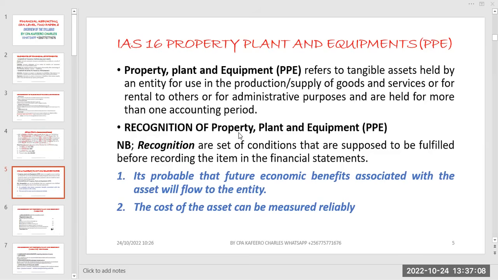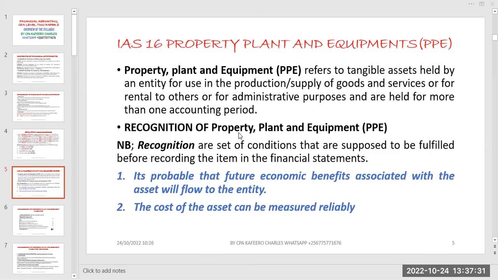and that is the scope of where IAS 16 stops. Then there are those assets that are held within the organization. They are tangible, but they are being given out mainly for earning rental income, or they are being set aside for capital accumulation. If, let's say, you have bought land, capital accumulation will mean you've left it there to increase in value.